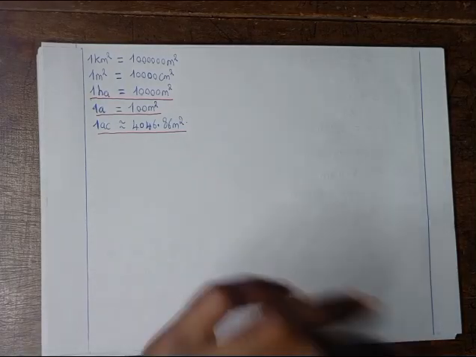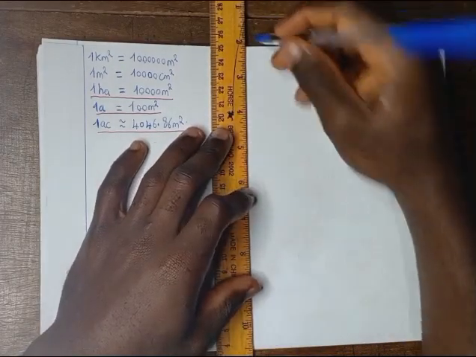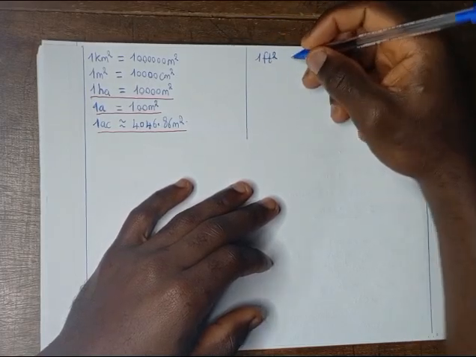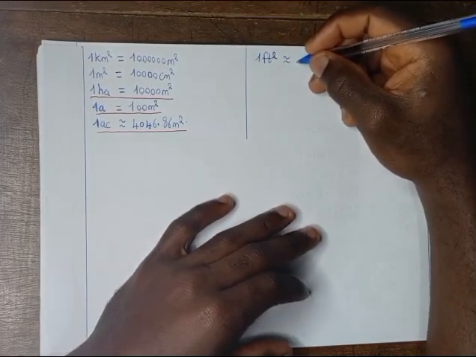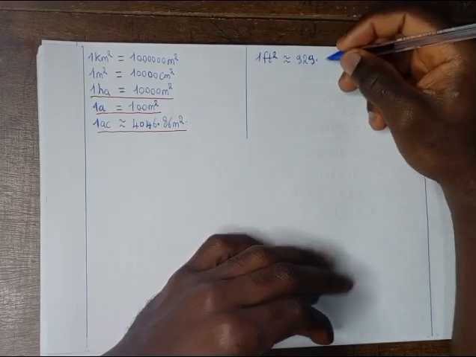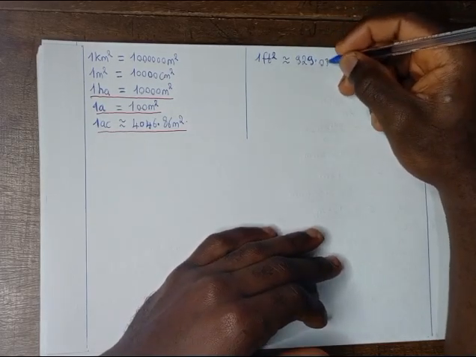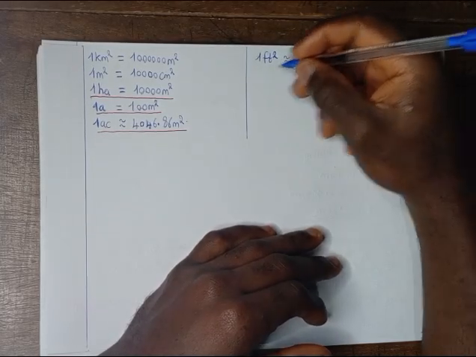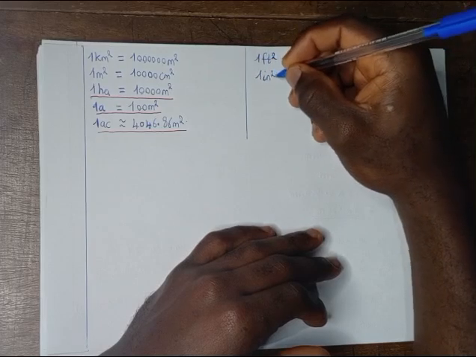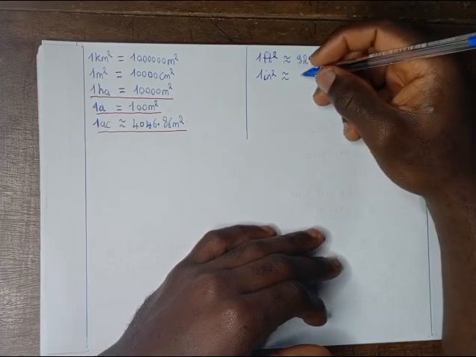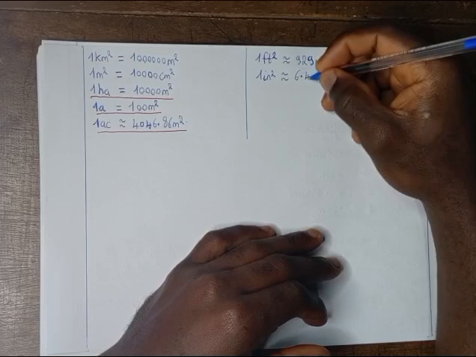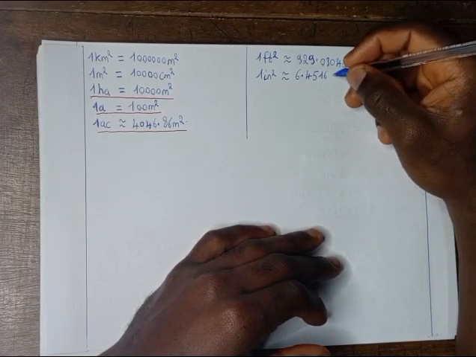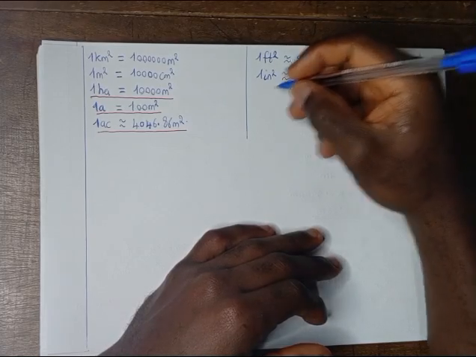Also, I'll denote the others by the side. They are also very important. 1 foot squared is approximately 929.0304 centimeters squared. 1 inch squared is approximately 6.4516 centimeters squared.